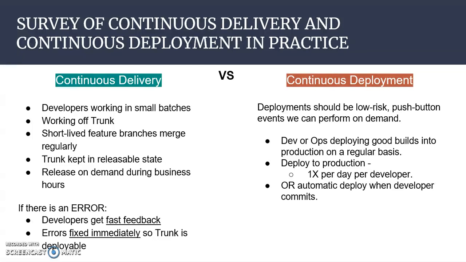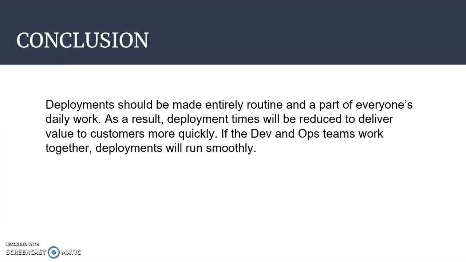In the case of an error, developers get fast feedback and errors are fixed immediately so trunk is deployable. Versus continuous deployment, where deployment should be a low-risk, push-button event we can perform on demand. Dev and Ops deploy good builds into production on a regular basis. Deploy to production once per day per developer, or automatically deploy when developers commit.